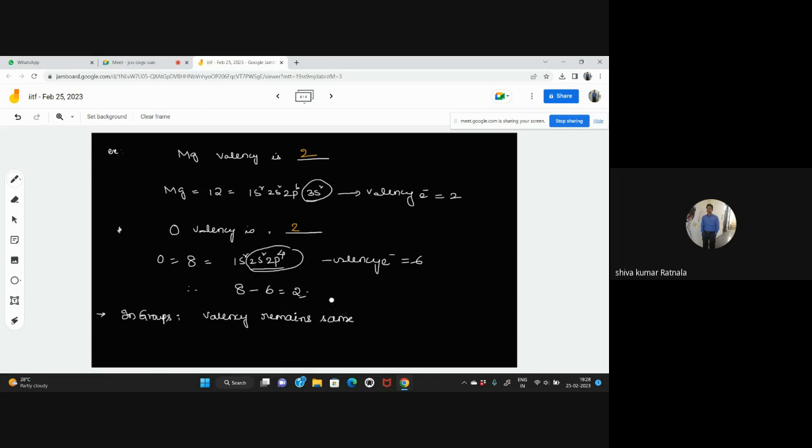For example, in the first group, the valency is 1 only: lithium 1, sodium 1, potassium 1, cesium also 1 only. In periods, valency increases.